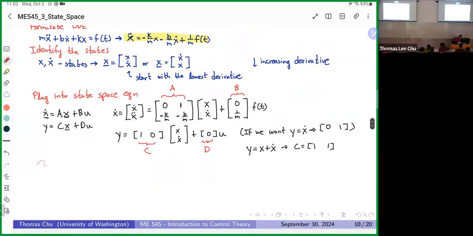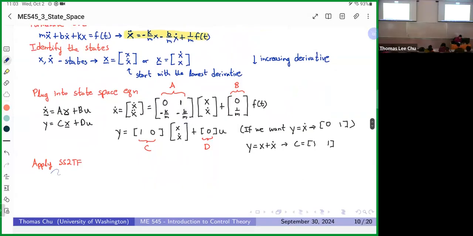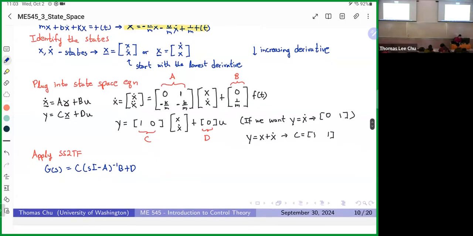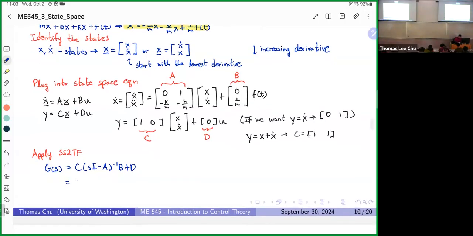Okay, so now we can apply the state space to transfer function equation. That equation is going to be G of s, our transfer function, is equal to C times (sI minus A) inverse times B plus D. Oh man, I'm running out of space. Okay, and if I just plug these in, we get 1, 0 multiplied by sI minus A. So we're just subtracting A from s.